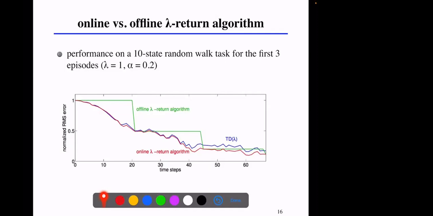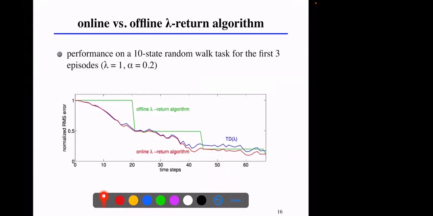But when I first made this graph and saw that TD lambda is almost equivalent to it, I was surprised. I didn't build it with that intention.